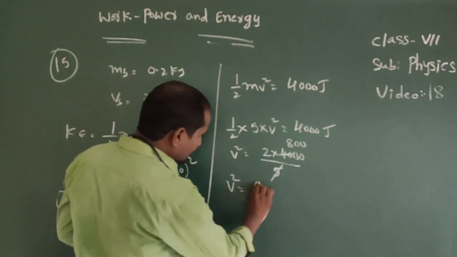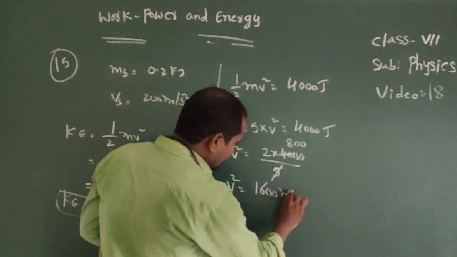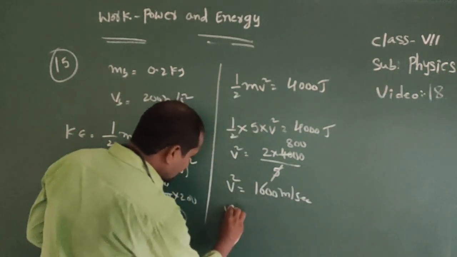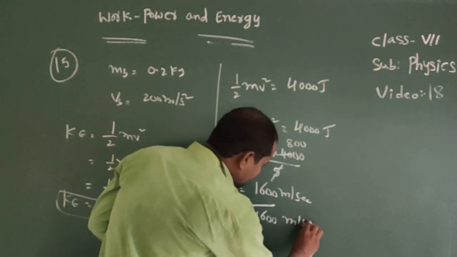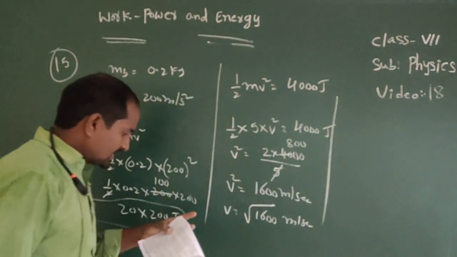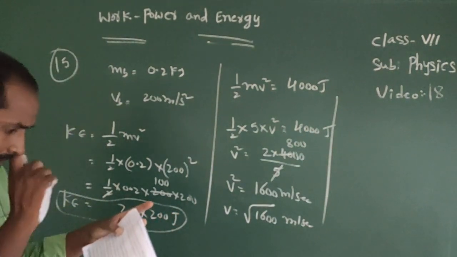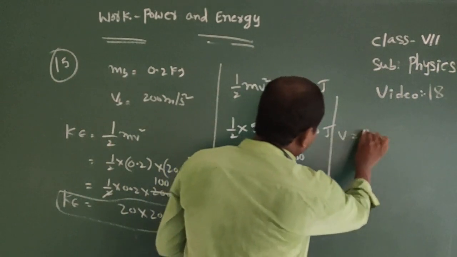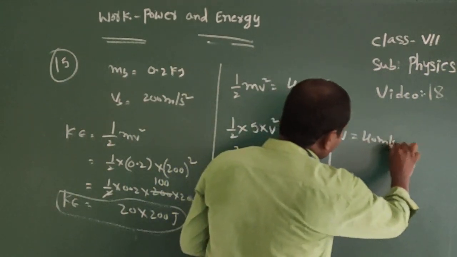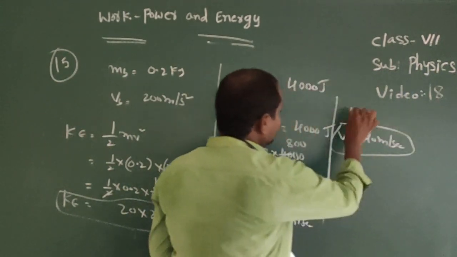Therefore v equal to root of 1600. The velocity with which the target moves in forward direction is 40 meter per second.